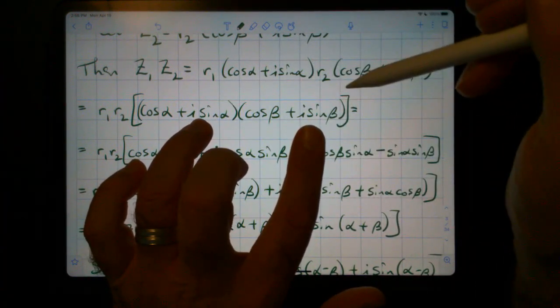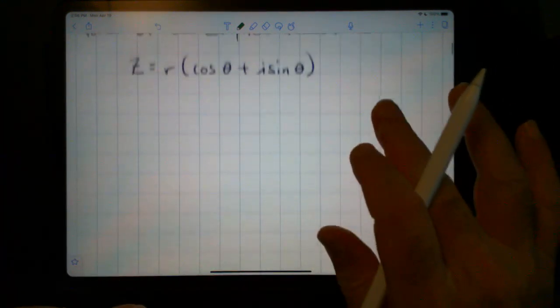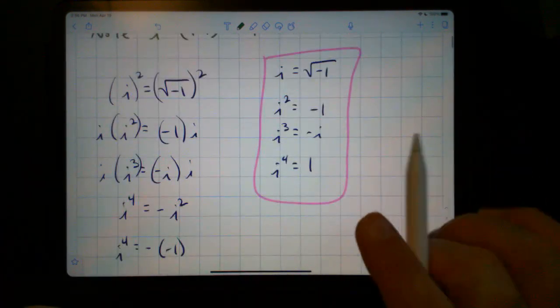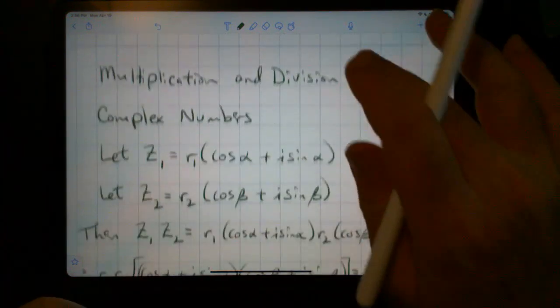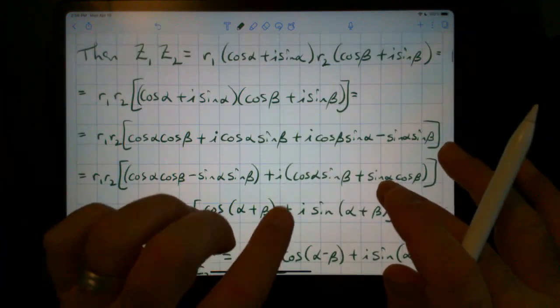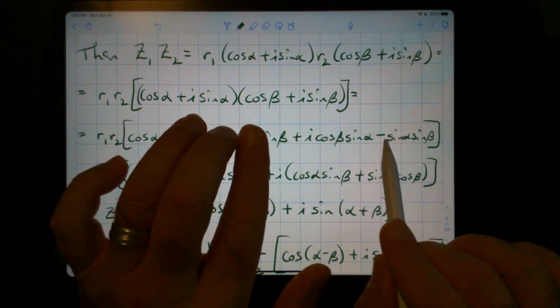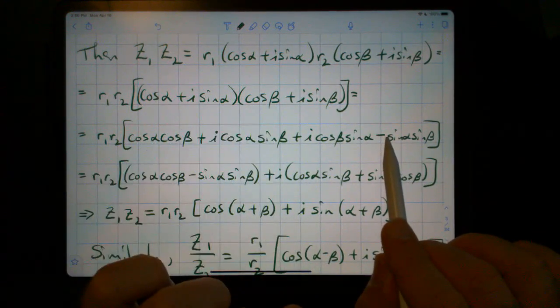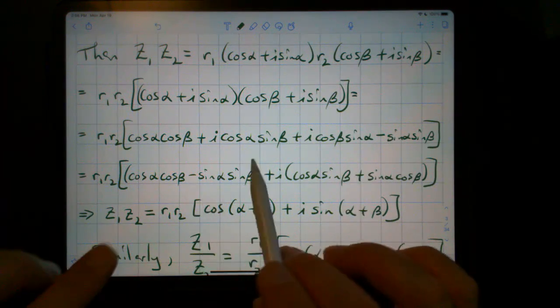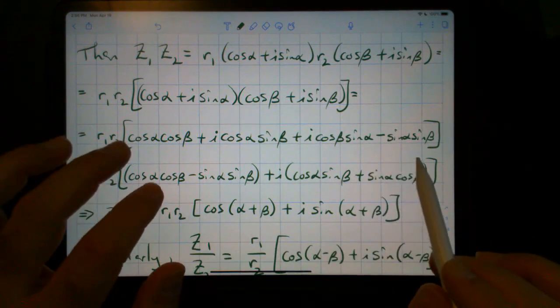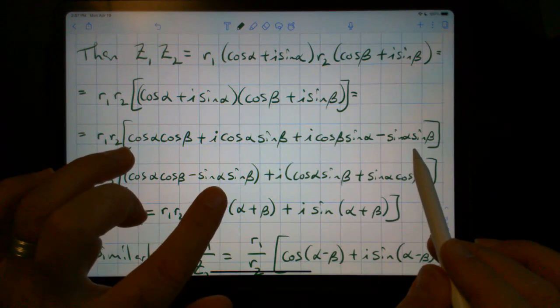But i squared is -1. So since i squared is -1, that turns this into a minus. Okay. Combine like terms, we have cosine alpha cosine beta minus sine alpha sine beta.